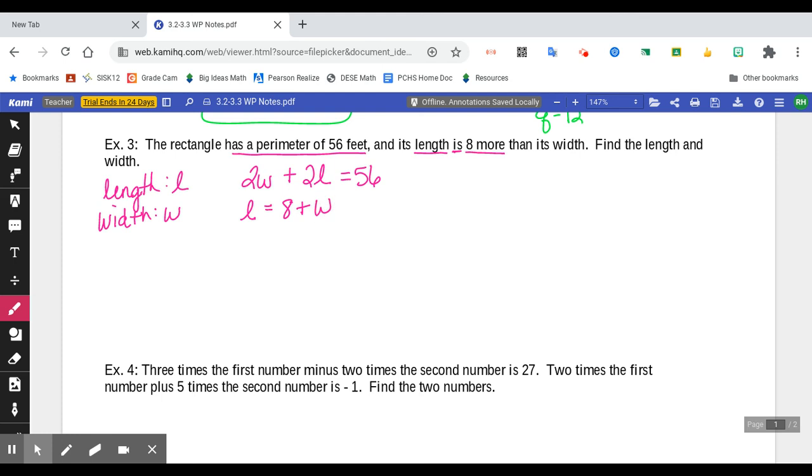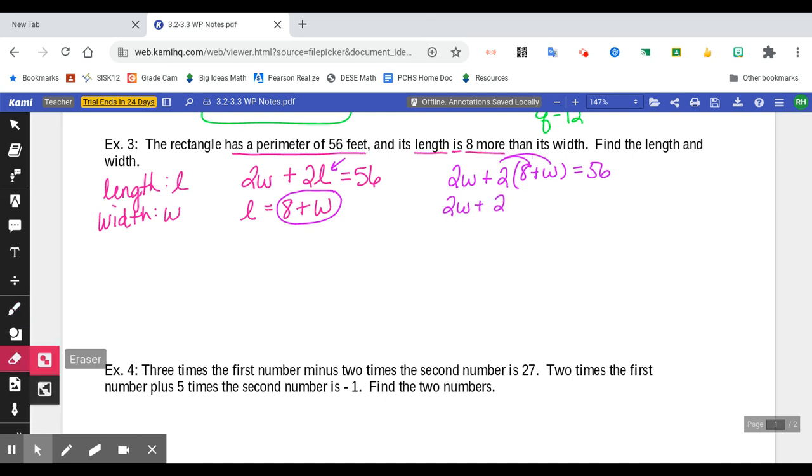Okay? Again, this one is already solved for a variable, so I'm going to circle this part and plug it in for L, which gives me 2W plus 2 times (8 plus W) equals 56. Distribute here gives me 2W plus 16 plus 2W equals 56.